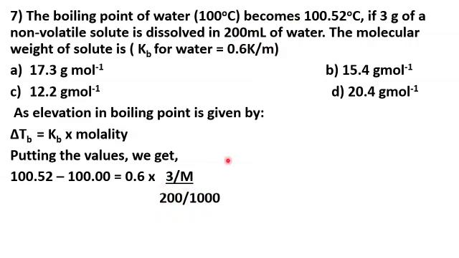Here it is given in milliliter, so it becomes 200 divided by 1000. On solving this for M, we get the value of M as 17.3 gram per mole. So that is option A.